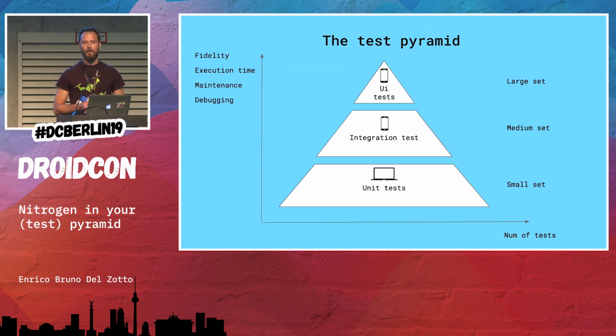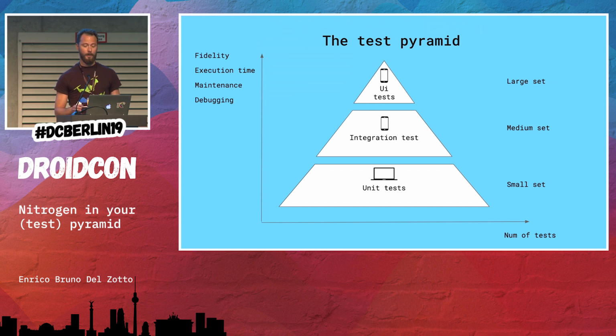For different levels, we are covering different sets of cases of our app. As I told you, in the low level we find the unit tests, then integration, then UI tests. The higher we go, the bigger is the set that we are covering.